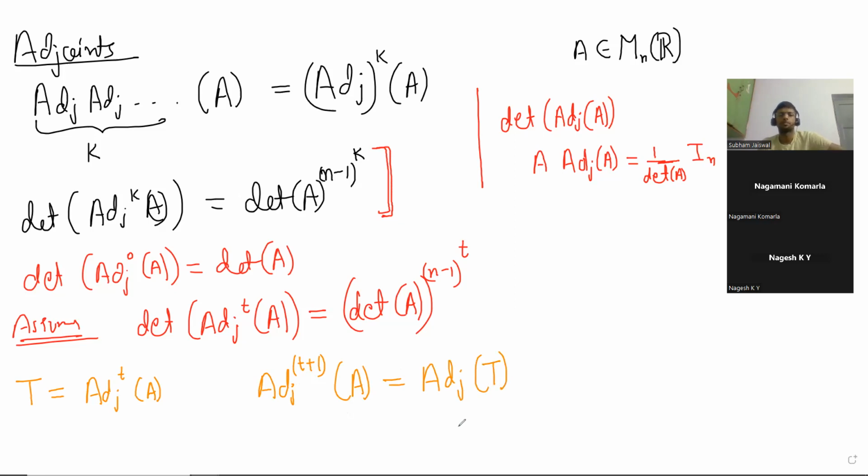Now we can take the determinant of the adjoint of T, and the determinant of the adjoint of T will be the determinant of T to the power n minus 1. This is where you sort of need strong induction, because we're using the k equal to 1 case here.